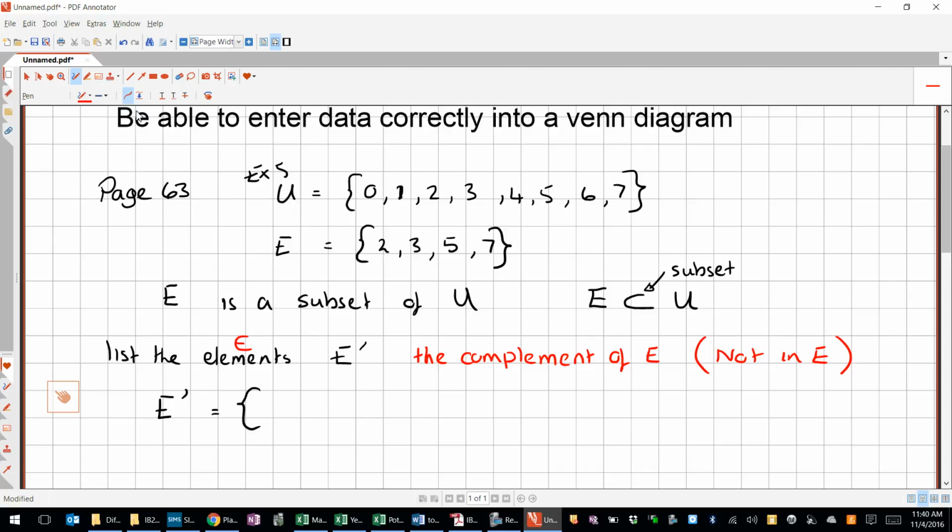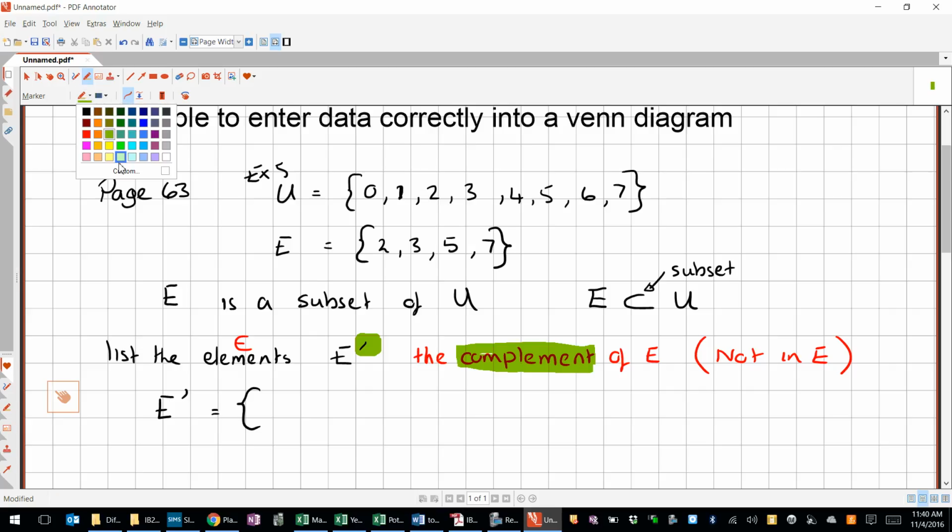So we've got to list the elements that are not in E, basically. That's what that little dash means. So maybe we should just highlight that's what that little dash means. The complement of E.